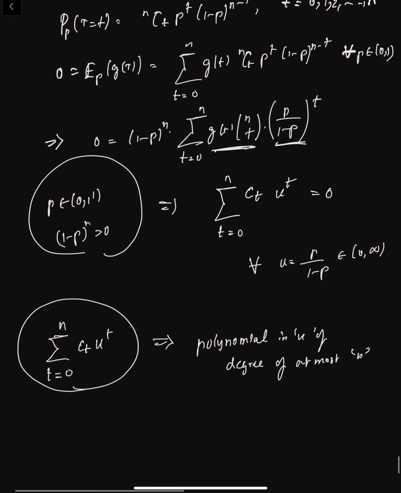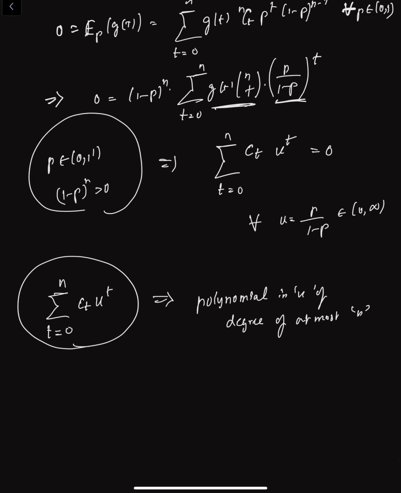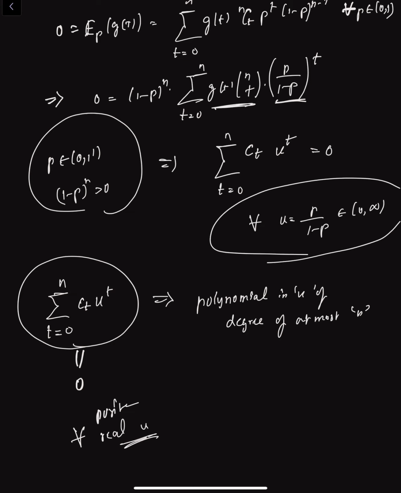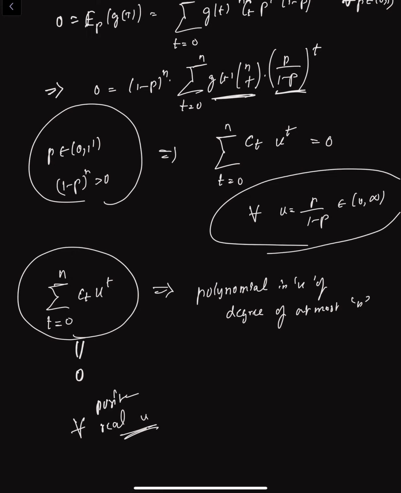So if this polynomial is 0 for all positive real values u, that means it has infinitely many solutions. If a polynomial has infinite solutions, it's an identity, so it must be the zero polynomial.